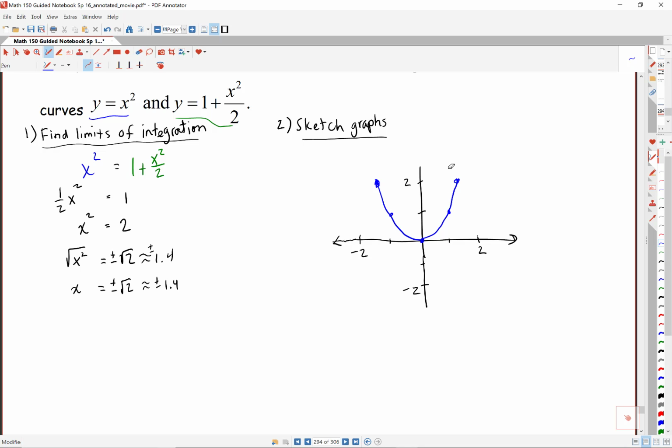All right, so now the green graph, and so this is y equals x squared. Now the green graph is going to be at 0, do you see, when x is 0, you'll have an output of 1. And when x is root 2, you'll have an output of 2 as well, right?